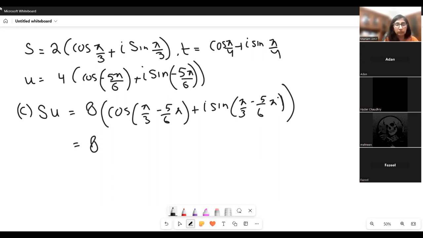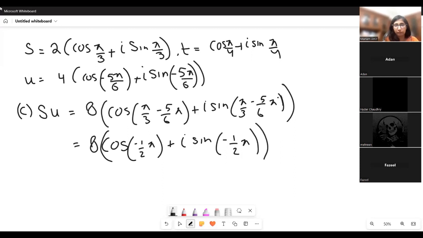So 8 cos minus half pi plus iota sine minus half pi. That is S times U in polar form.